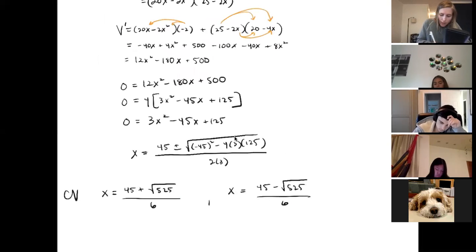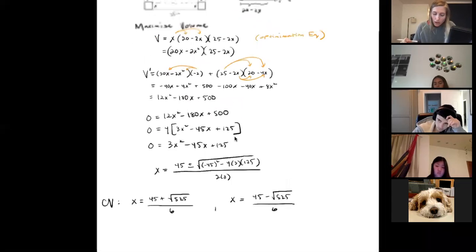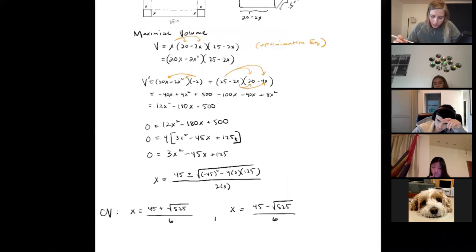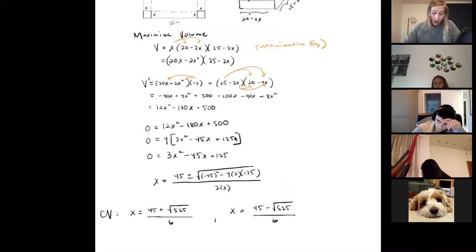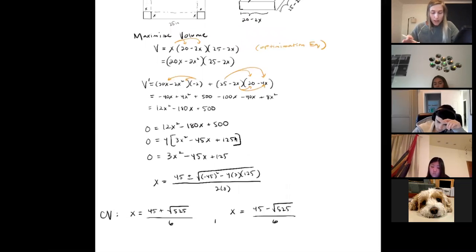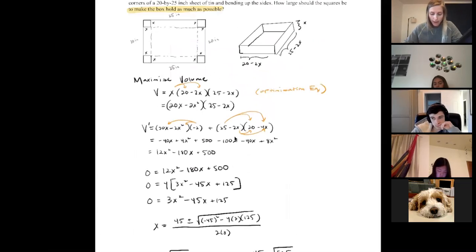These are the values we want to be our critical values. I know they're yucky looking, but before we can determine whether they're both actually critical values to go on the analysis line, we need to think about the constraints of the situation.